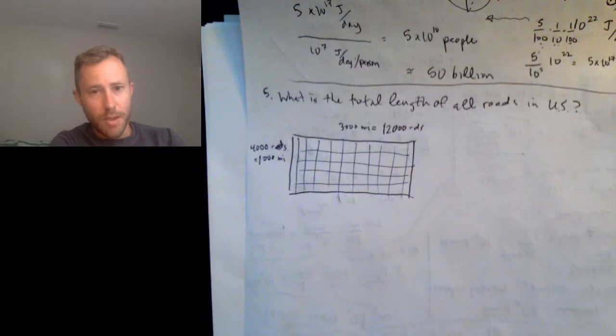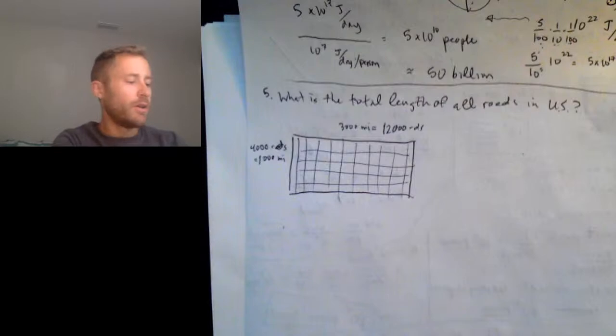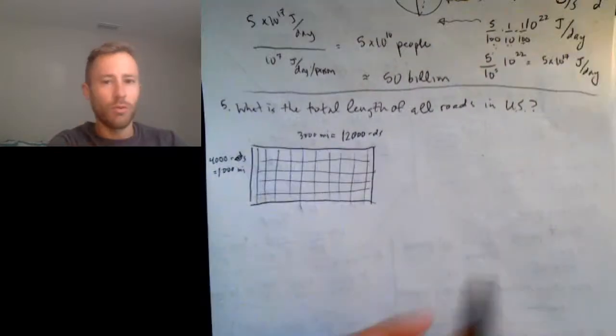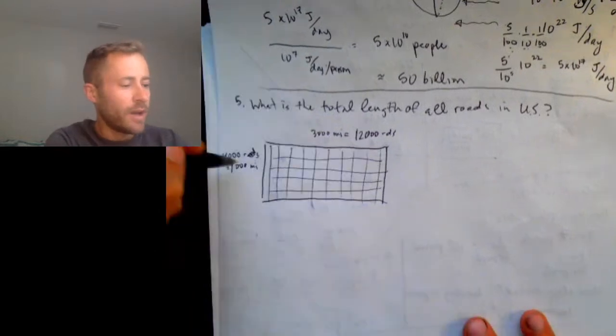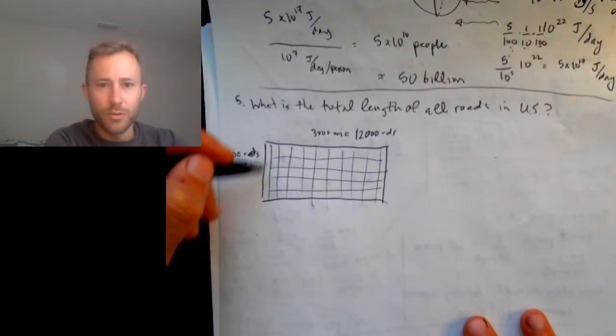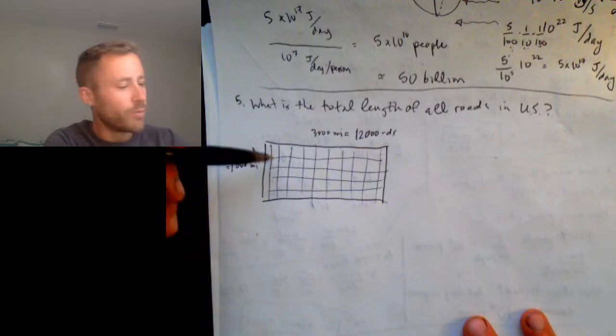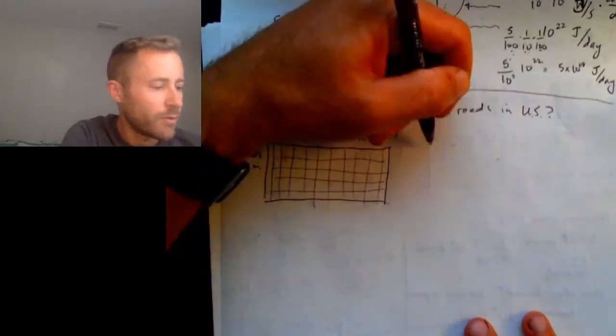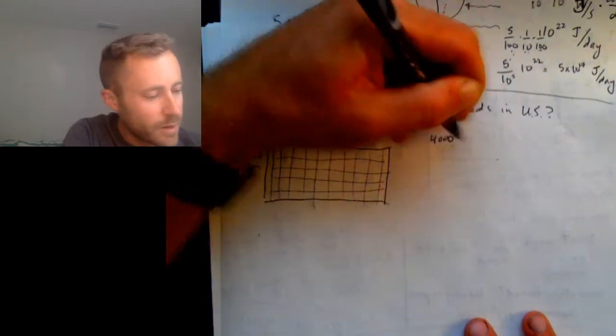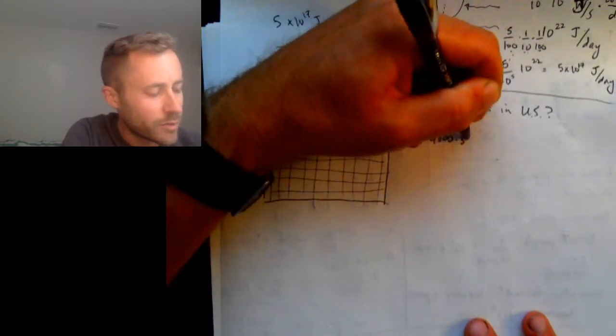Okay, and so if I wanted to know what is the total length of all these roads, well, I have 4,000 roads that are 3,000 miles long. So these are the east-west roads. So I have 4,000 roads times 3,000 miles.